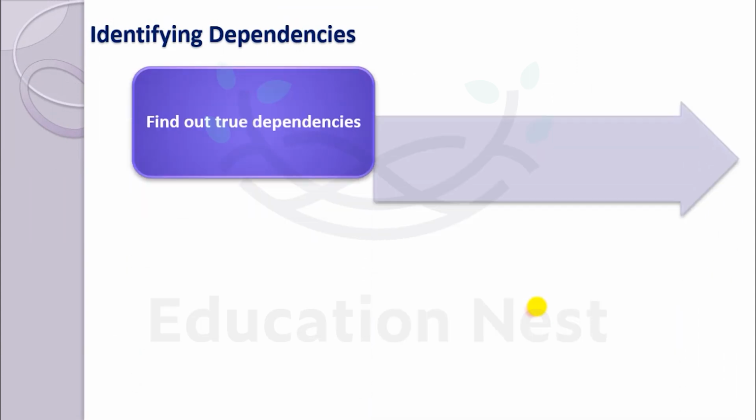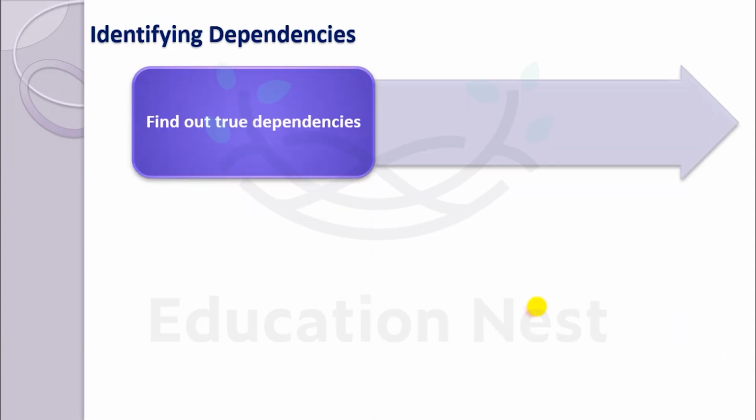First, you need to find out true dependencies, because it could happen that in some projects, for example, a website project, nowadays projects are very complex. We are handling one part, but due to certain conditions for the cost basis or for the budgeting, the client can give the content part to another person or another vendor.